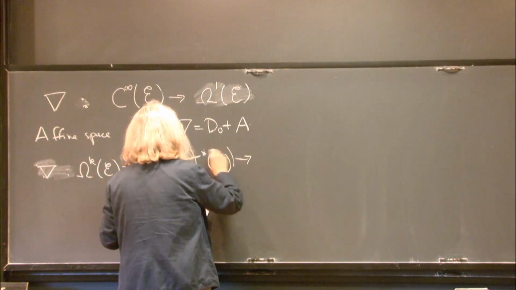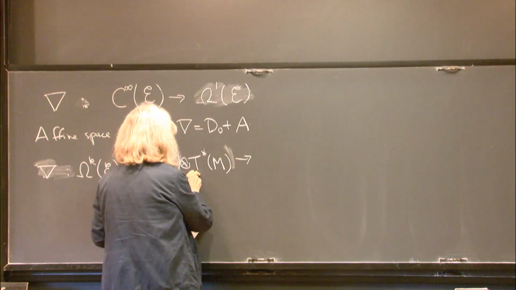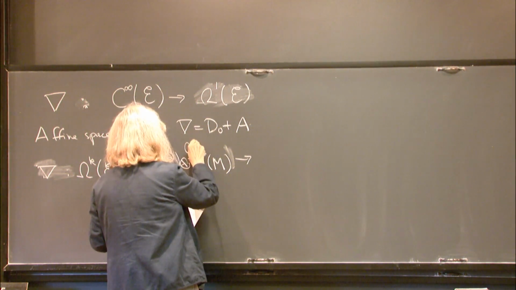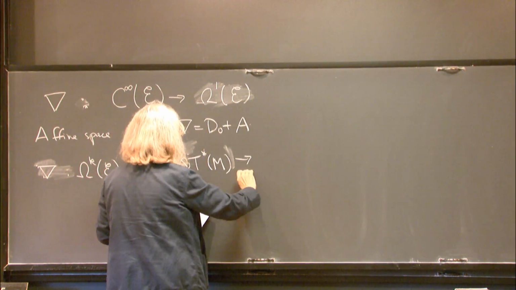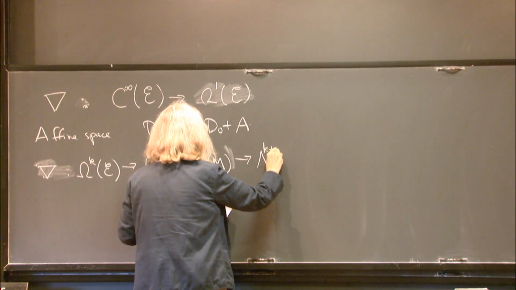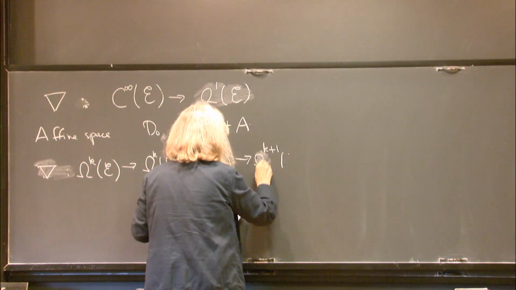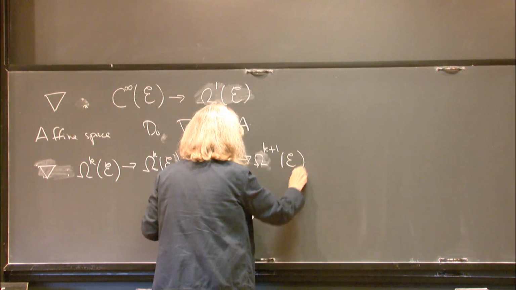Actually, I should write C infinity here. And the projection of this will go into gamma k plus 1 of E, omega k plus 1 of E.